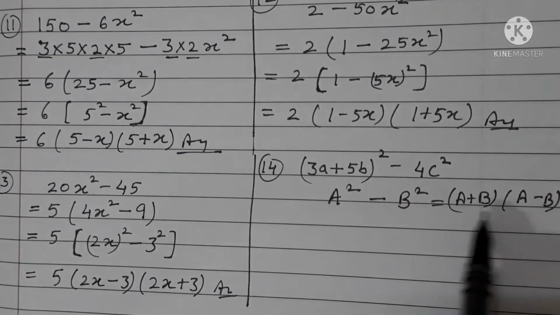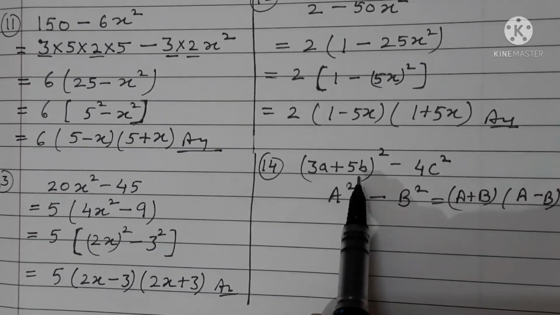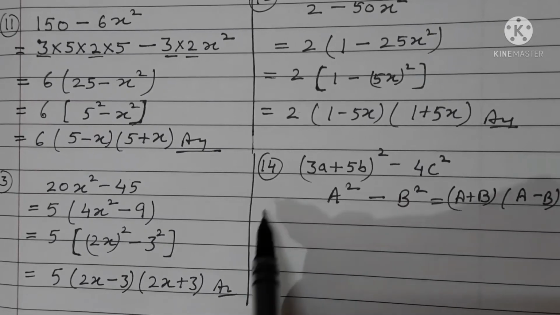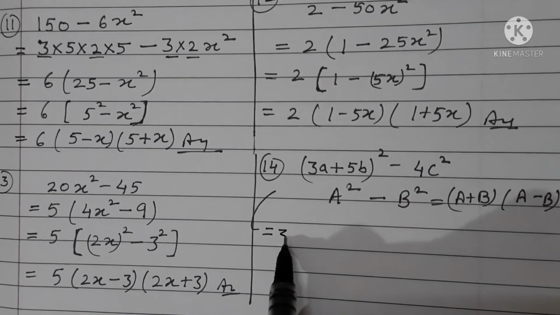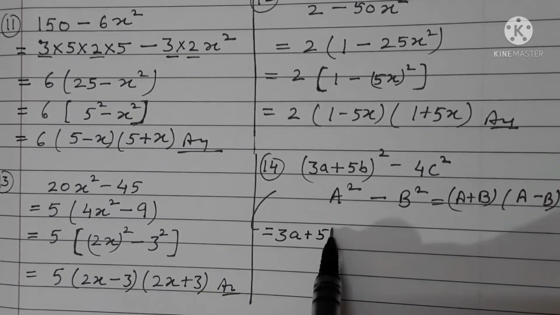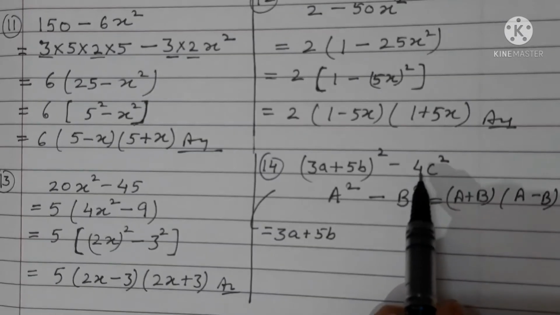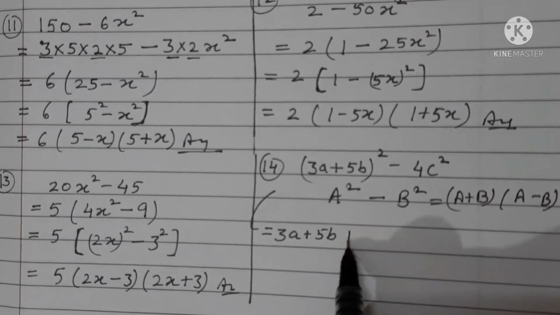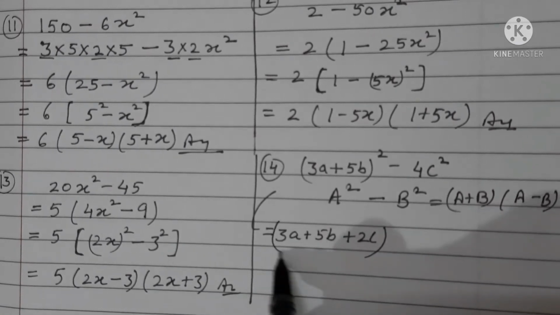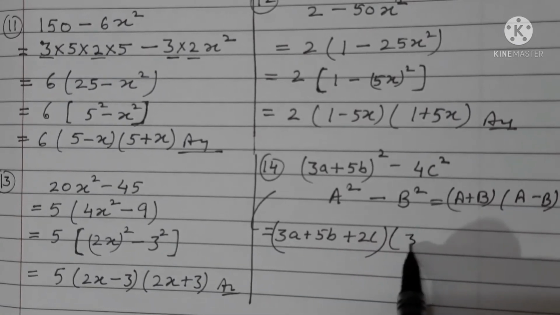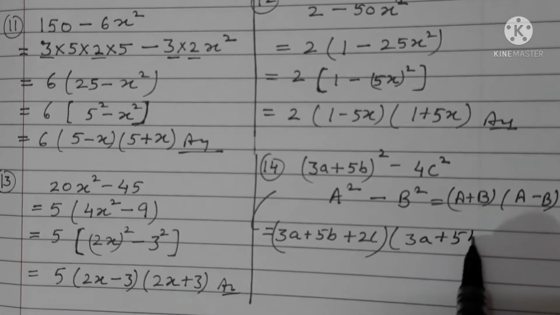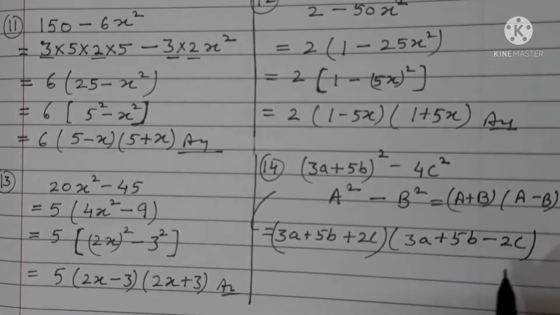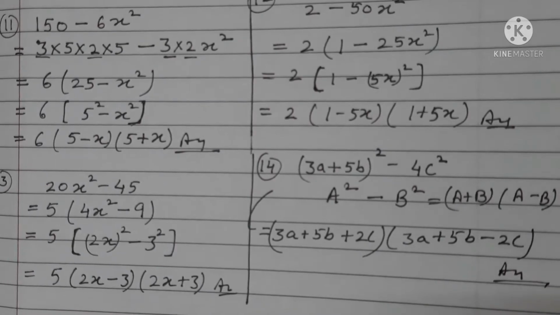Here use this identity. So this is your a, meaning you can write it as 3a plus 5b. Here this is 2c whole square, so (3a plus 5b plus 2c), and the other factor is (3a plus 5b minus 2c). Answer.